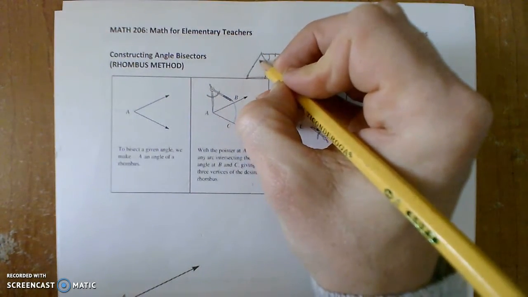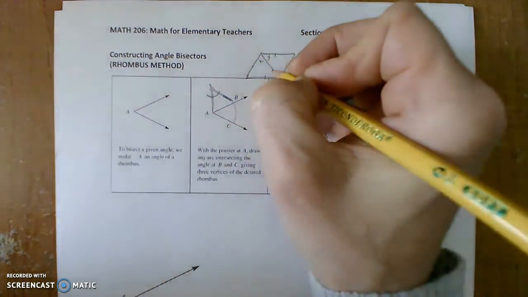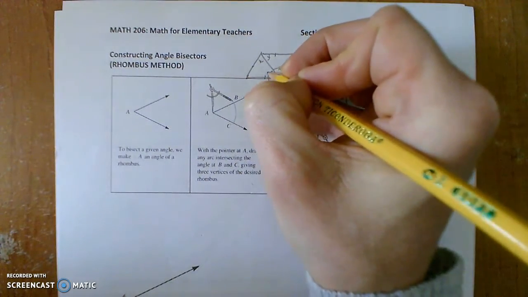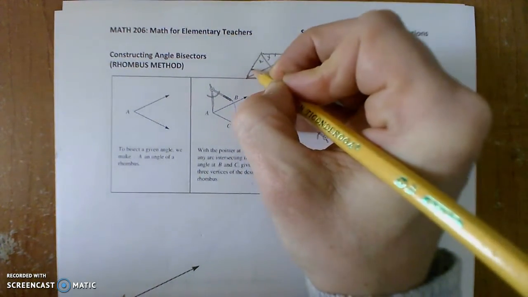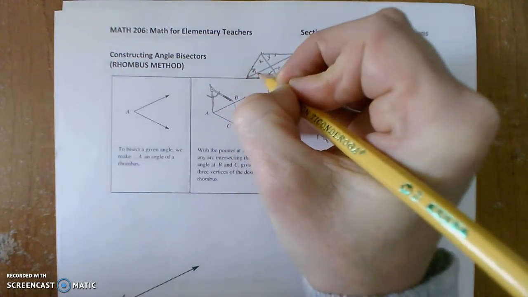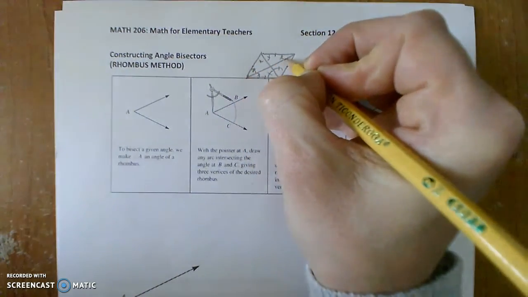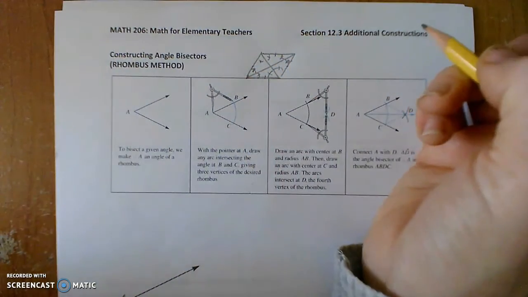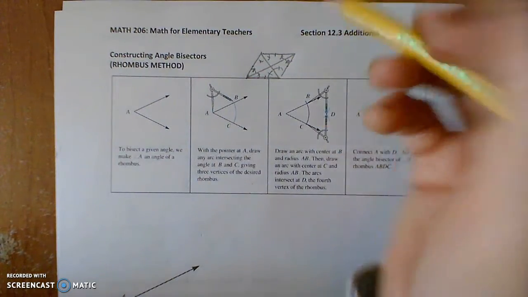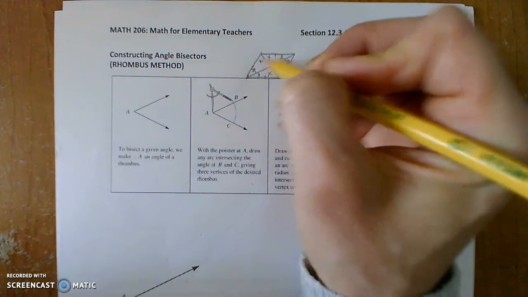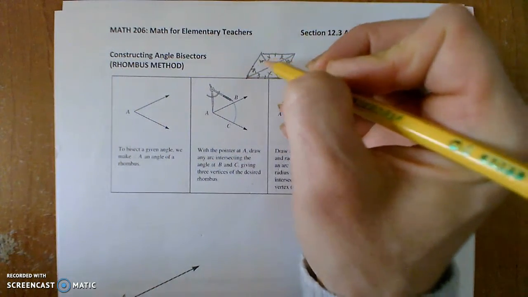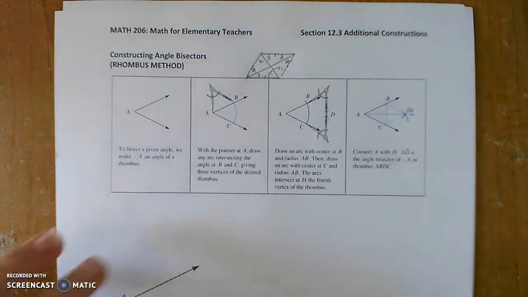So this angle and that angle are the same, and it's actually the same as these two angles. The other diagonal bisects the other two vertex angles. And again, what does it mean to bisect an angle? It means to chop an angle into two adjacent angles that have exactly the same measure.